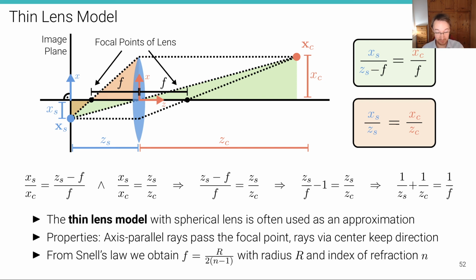So for a particular lens with a particular lens focal point f, we can determine for a particular distance to a 3D point, how far the distance of the image plane must be in order for this point to project sharply onto that image plane. Or in other words, for a particular 3D point and a particular distance to the image plane, we can determine how we have to change the focal length or the lens system such that the point appears sharply.